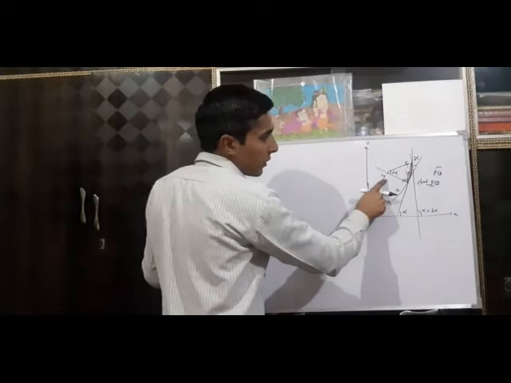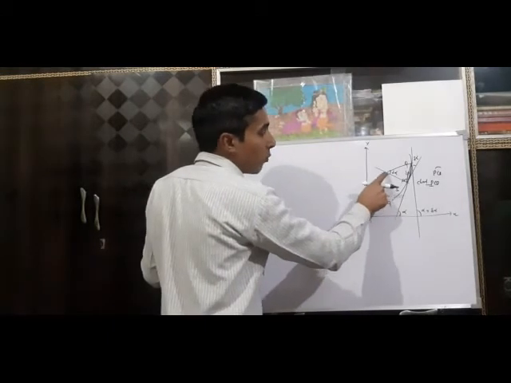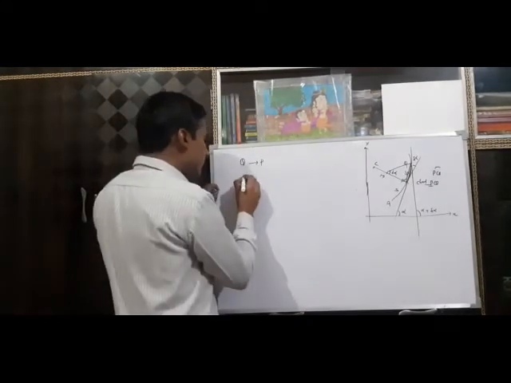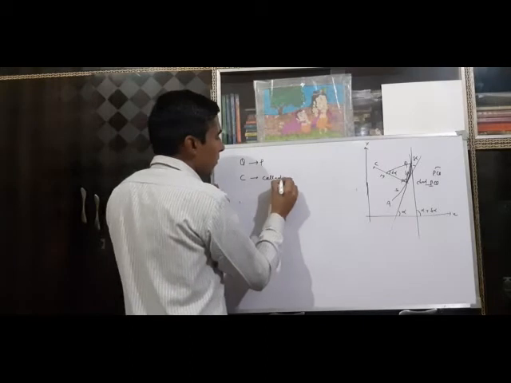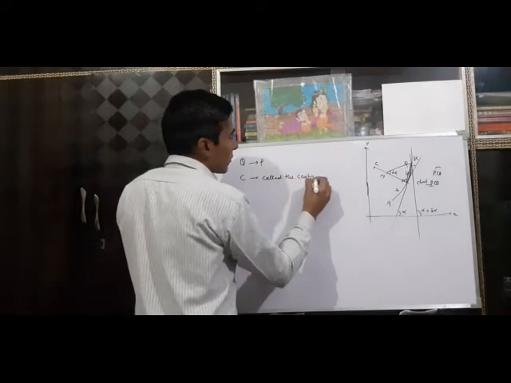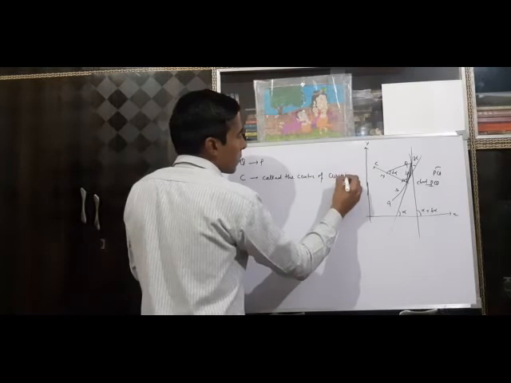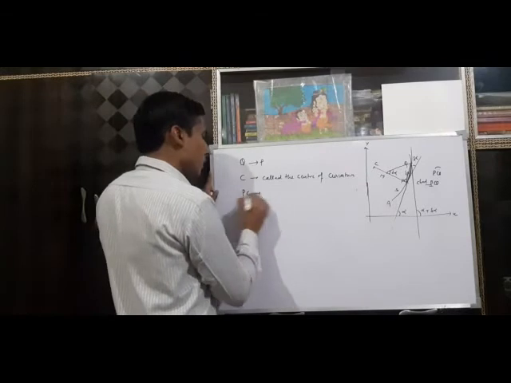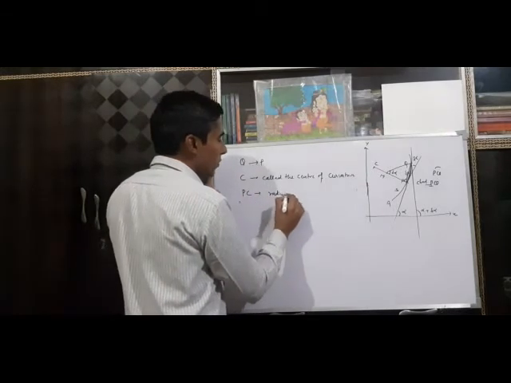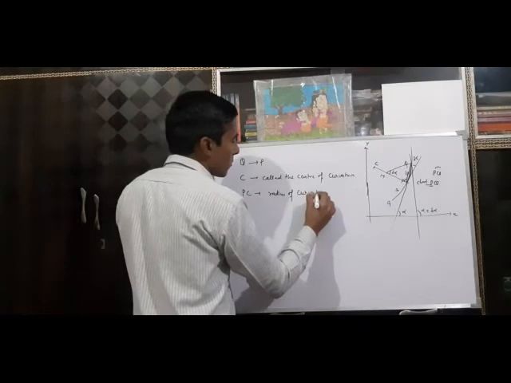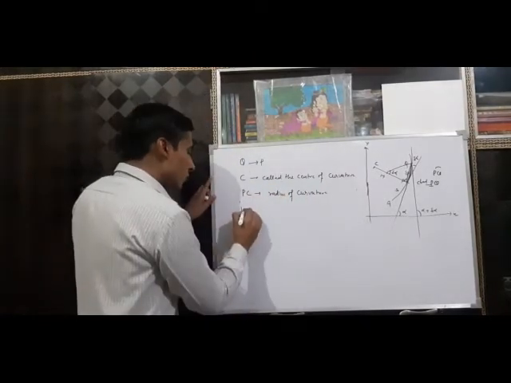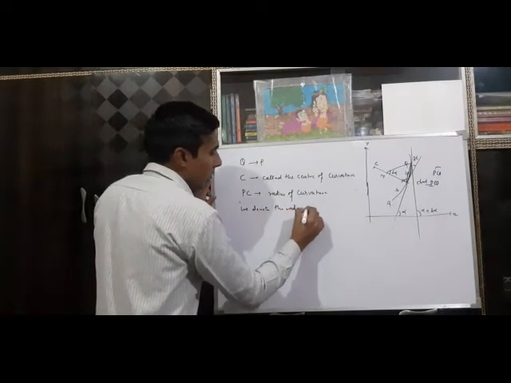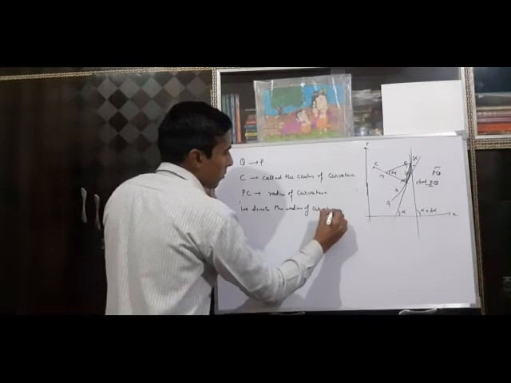Q approaches to P, then this point M moves to the fixed point C, and this point C is called the center of curvature. And the distance PC, this is called radius of curvature. We denote the radius of curvature by symbol rho.